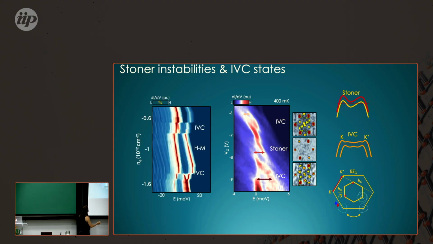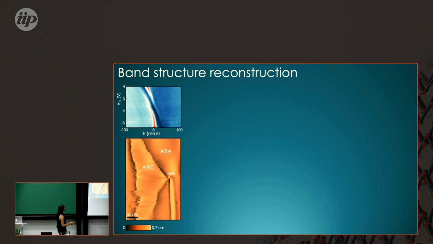Yair and Erez did a Hartree-Fock calculation, and qualitatively they get the same order, with the half metallic phase encapsulated between the intervalley coherent phases. The splittings they get are an order of magnitude larger than what we get, but qualitatively the picture seems to have the same order in the phase diagram.